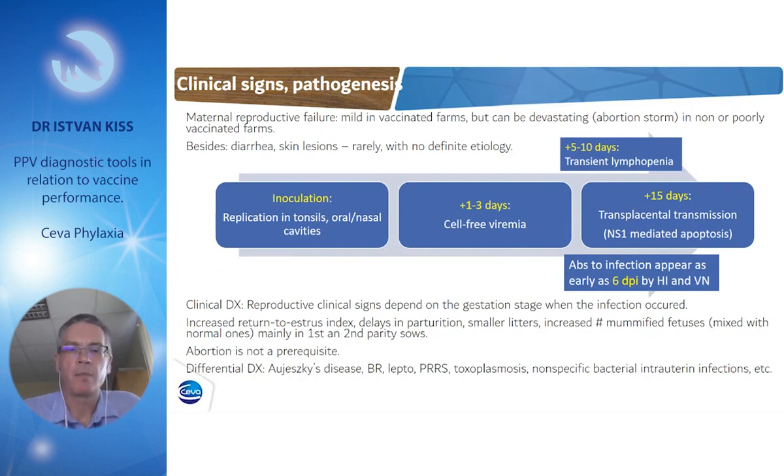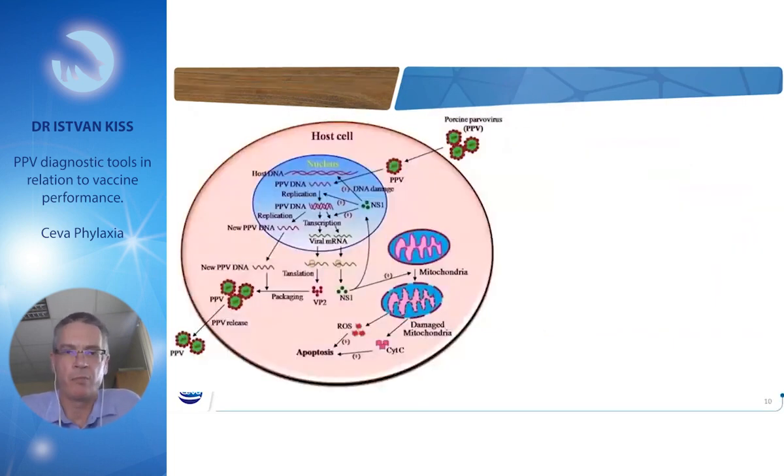And an important thing, because you can see it later, of course, it stays in the slides, that abortion is not a prerequisite to recognize PPV infection, but the reproductive parameters or indices, but we already heard it before.